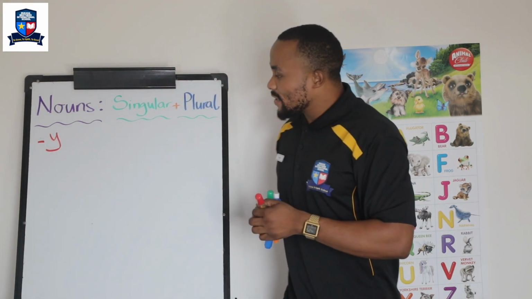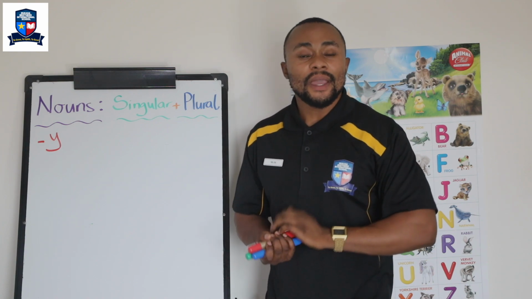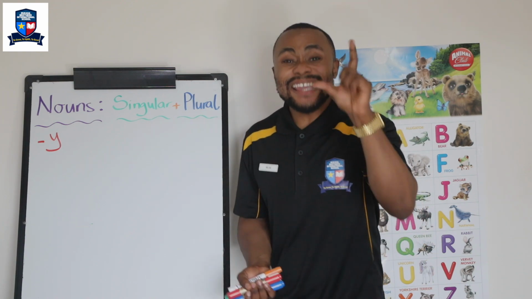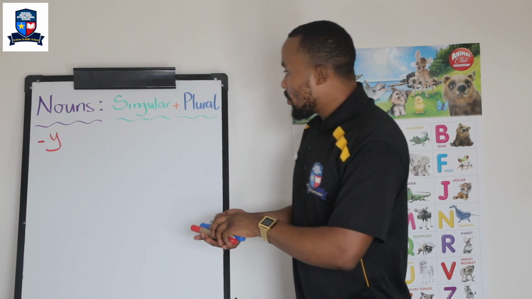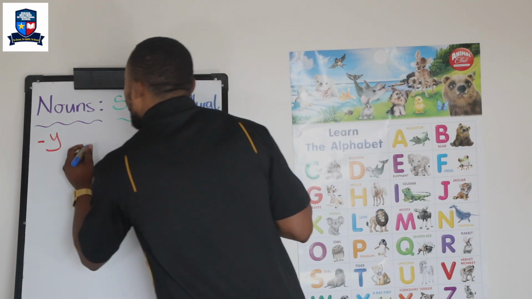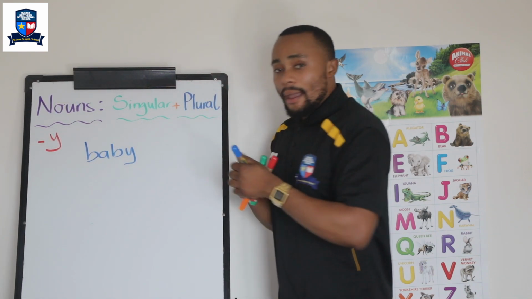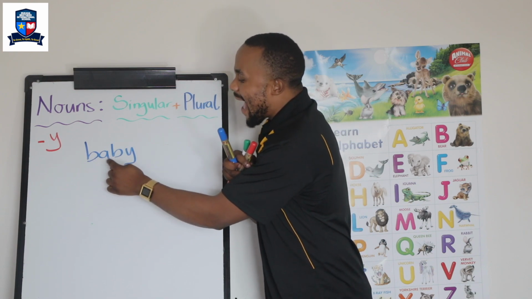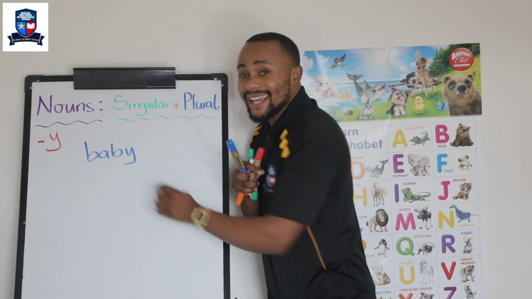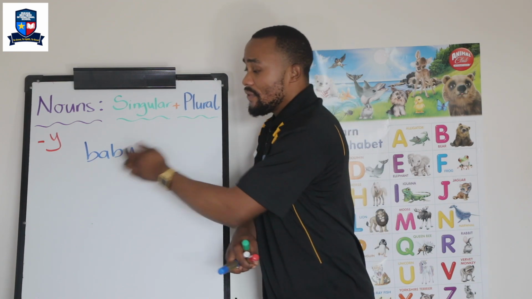For example, we have baby. Baby is singular. A baby. One baby. Okay? And I'm going to write it here. So, in the word baby, look, you've got B-A-B, and then Y is the last letter in this word.